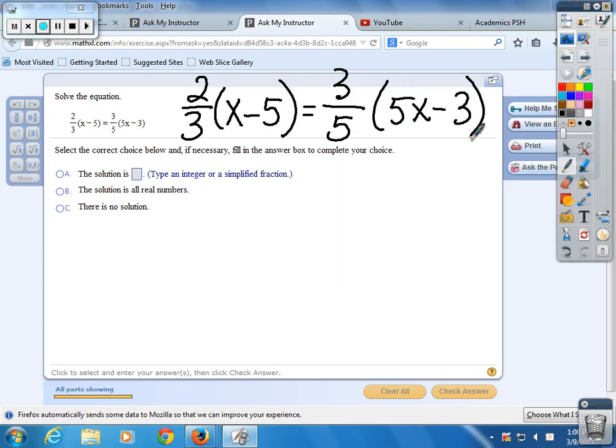There you go. What am I going to multiply through by? 15, good. So I'll just add that step in red. 15 over 1.